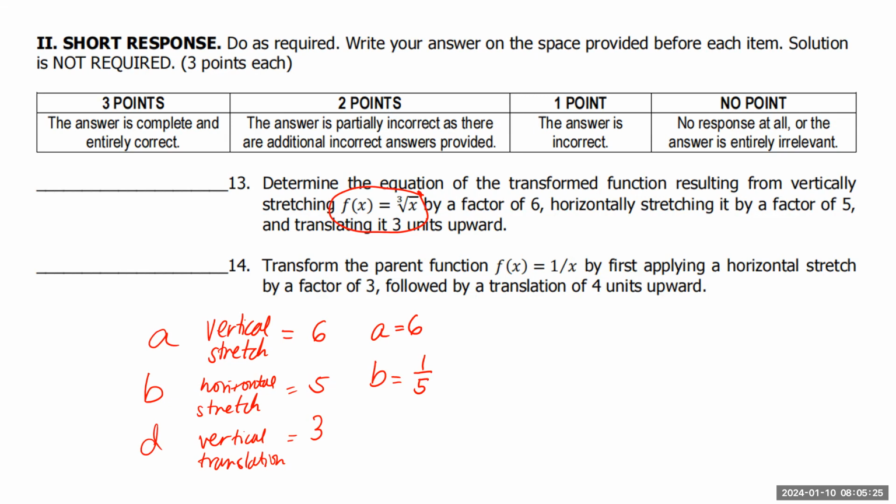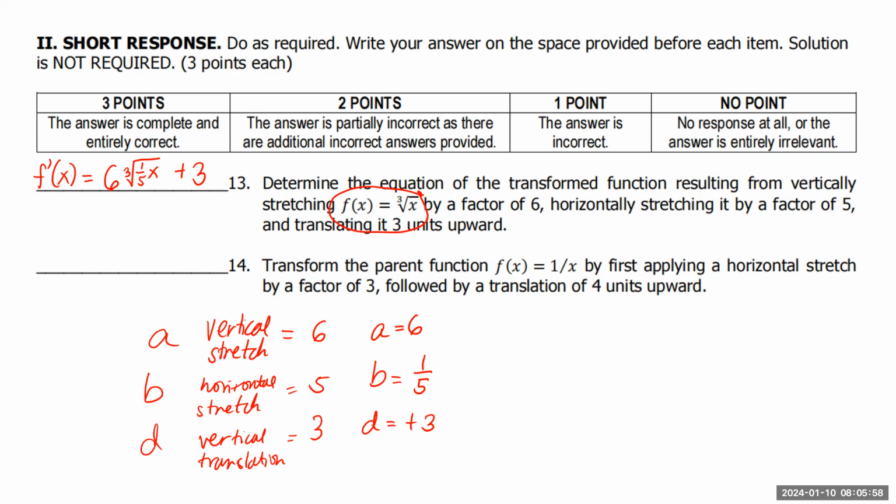And for our D, since upwards yung ating translation, that is plus 3. Okay? So if we are going to write our transformed function, let's say we have f prime of x. So that is 6 times the cube root of 1/5 x plus 3. Okay, so nasa labas si plus 3.